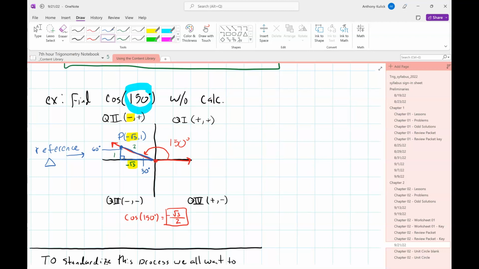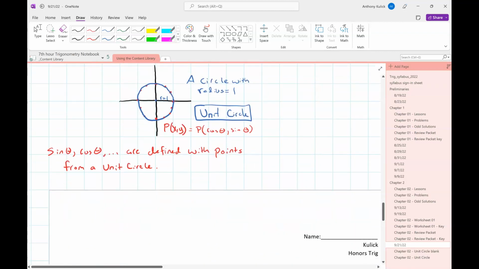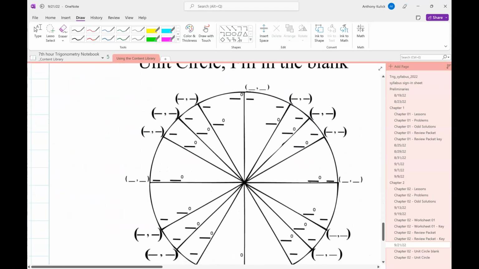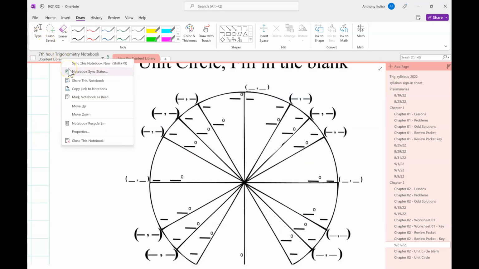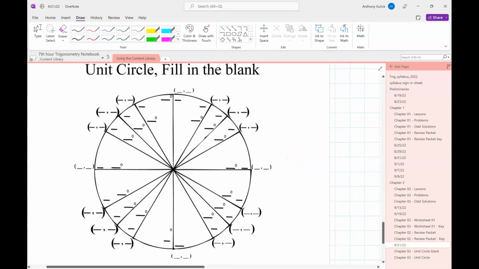What we are going to do now is do that calculation just one time and record all that information so that we can reference it later, so that we don't ever have to do these calculations again. Everybody's okay with that? This piece that I just dropped into the content library is called unit circle blank, and we're going to fill it out together.